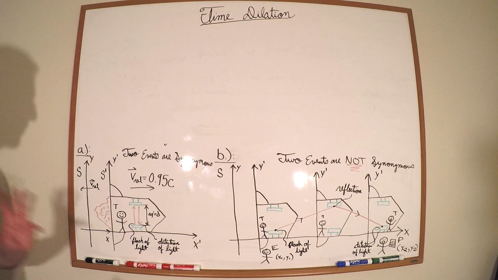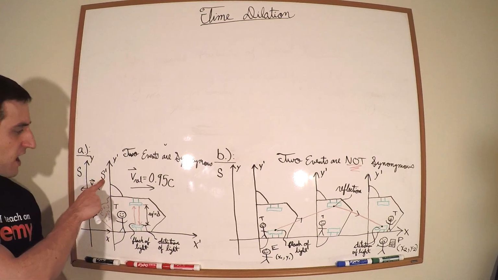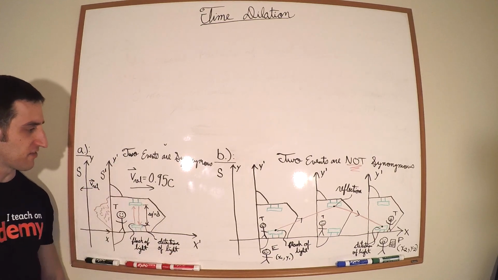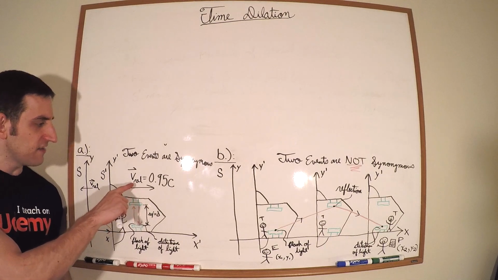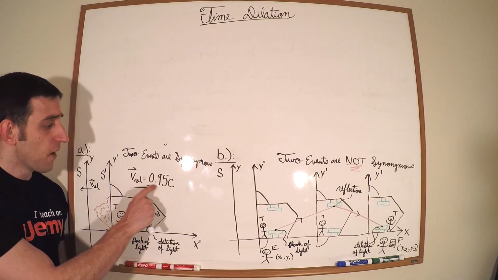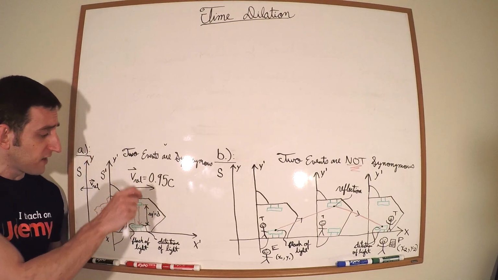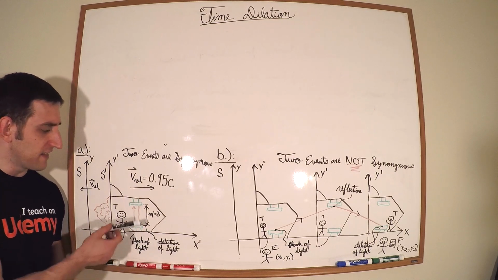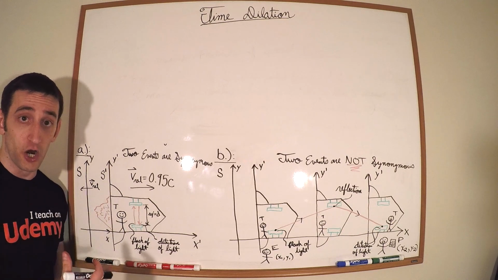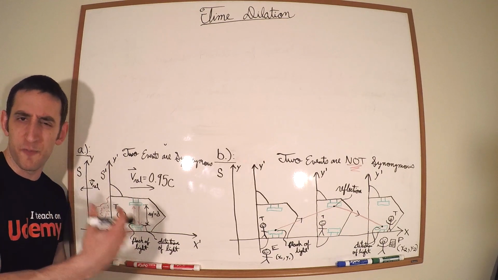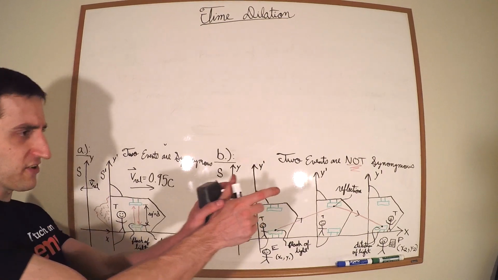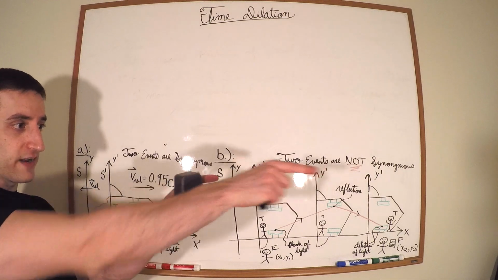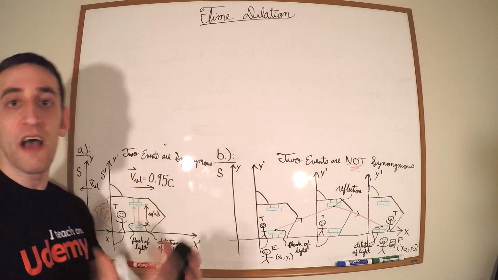So if we're in the reference frame of Terence, S prime, because x prime and y prime has the coordinates, and he's flying at a very high speed, 0.95 times the speed of light, we know that the flash of light and the detection of light are going to occur in the same place. Or that seems plausible, right? If you shoot a laser, hits a mirror and it comes back, you have not moved.